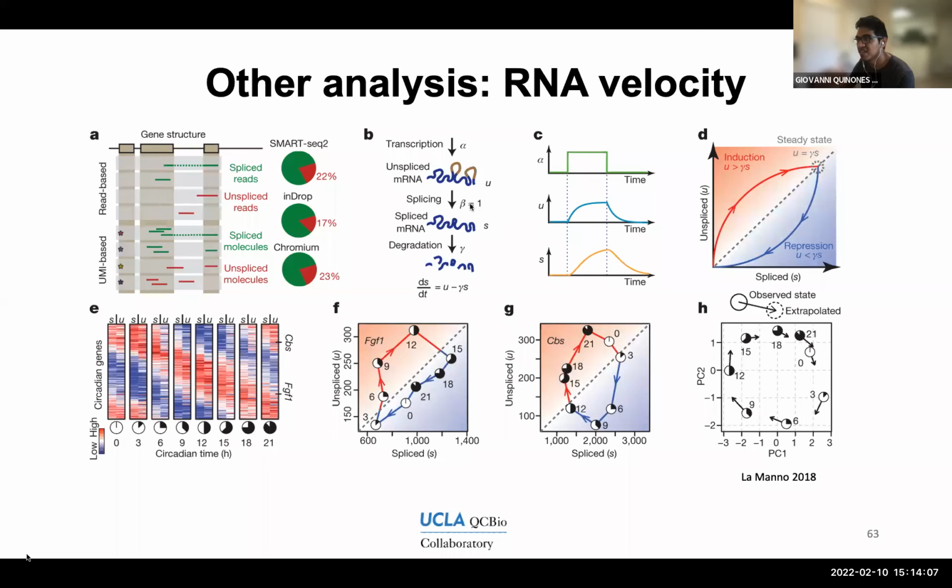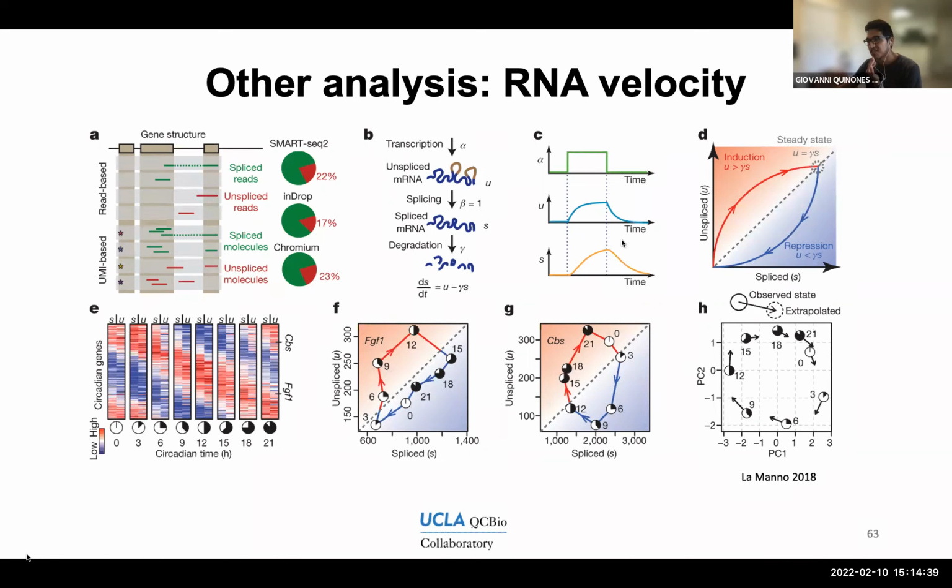Then splicing takes place also at some rate, and then you have your spliced RNA molecule. This spliced RNA is your mature RNA, and it will go on to produce a protein and everything else. Later on, it will be degraded also at some rate. So here you have a kinetic model of the life of an RNA molecule.